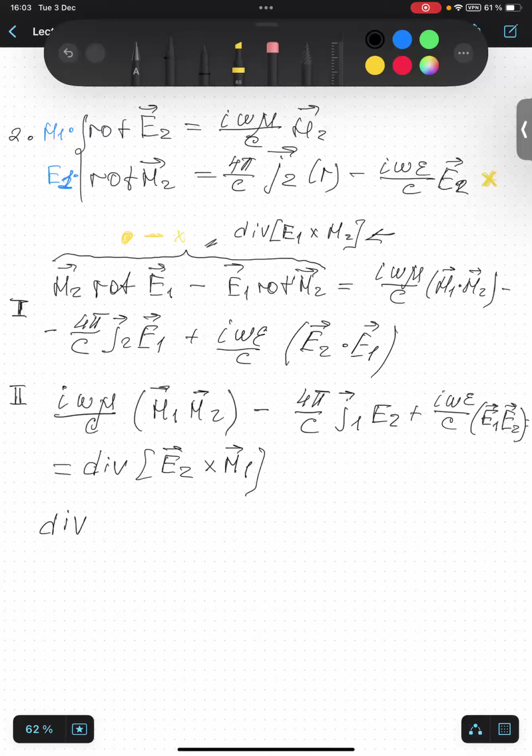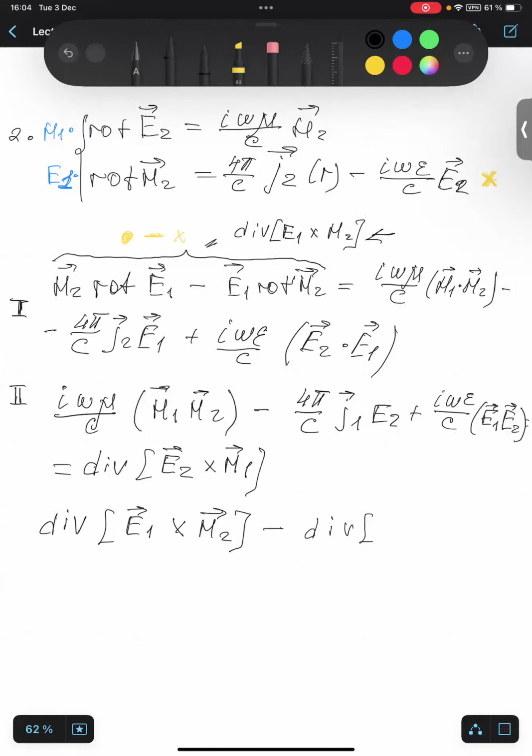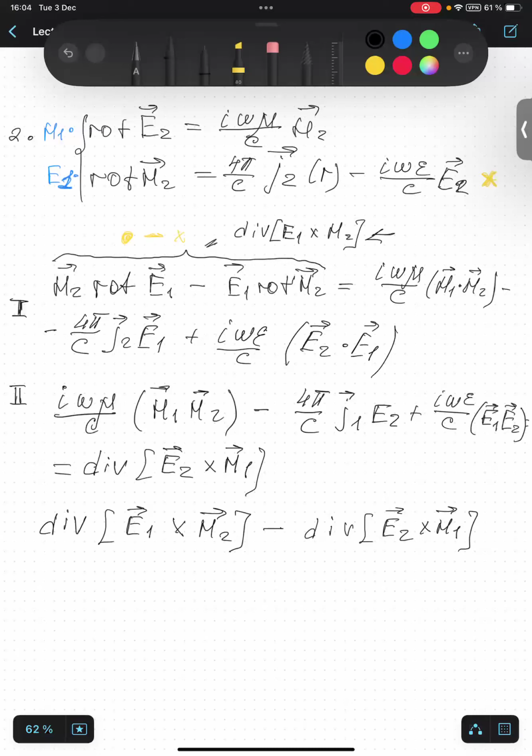So we'll have the divergence of E1 H2 minus the divergence of E2 H1 on the left hand side, and on the right hand side we will just have the currents: J1 E2 minus J2 E1.